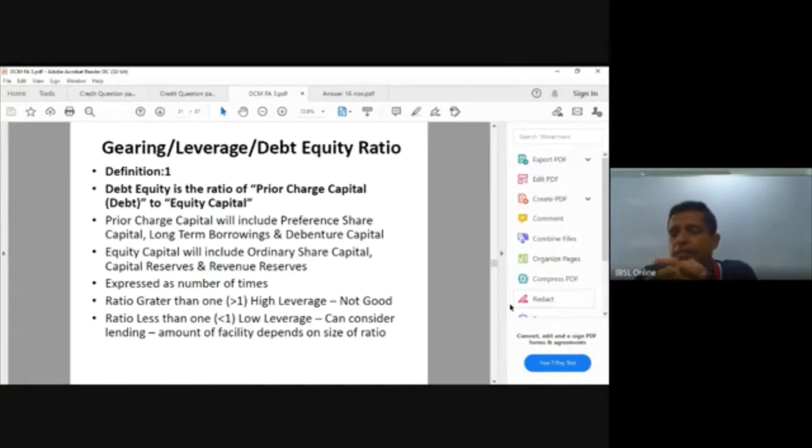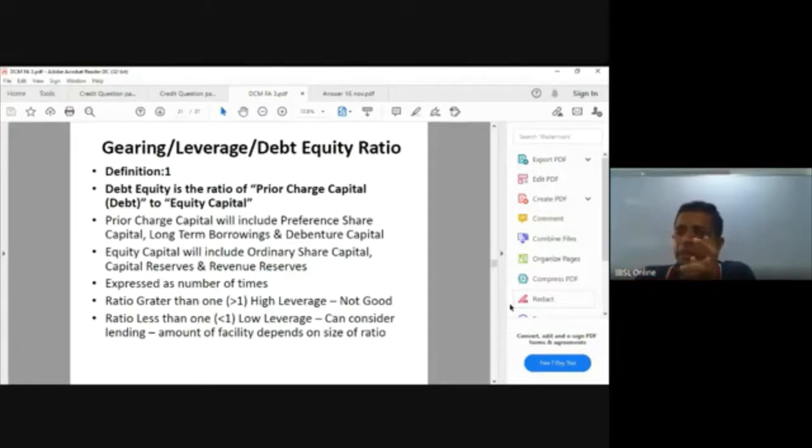Therefore, there is no special commitment to these equity holders from the company's side. But if there is debt capital, like loans and debentures, and various other sources of debt financing, the company is committed to repay that debt on a regular basis, and is also committed to pay a return, like interest.